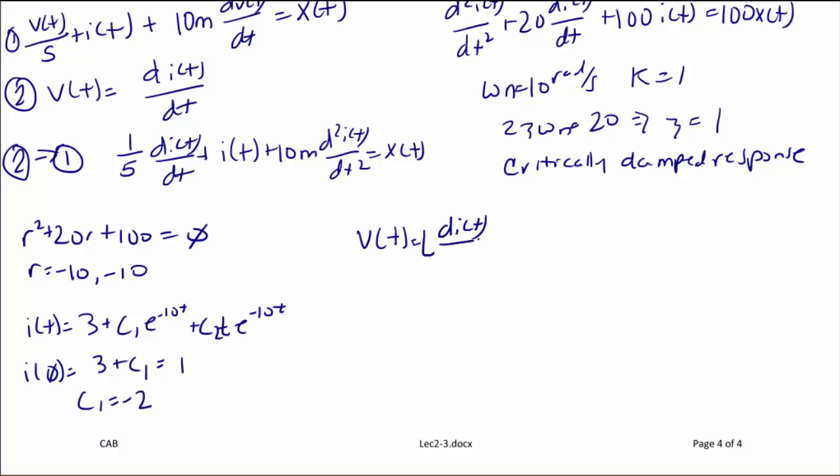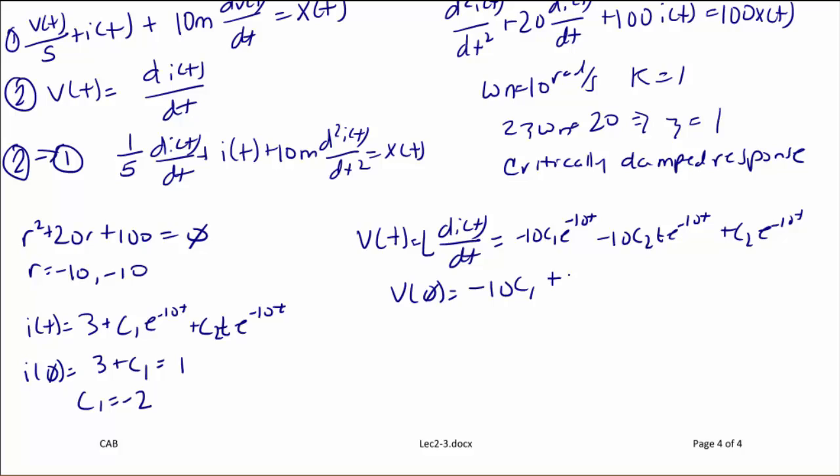So it's going to be 1 times the derivative of I of t, where the derivative of it is -10 C1 e to the -10t minus 10 C2 t e to the -10t plus C2 e to the -10t. V of 0 is equal to -10 C1 plus C2, and we set that equal to 0. We know that C1 is equal to -2, so C2 is equal to negative 20.